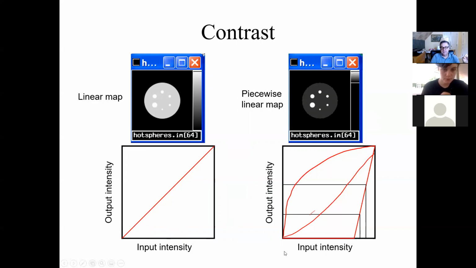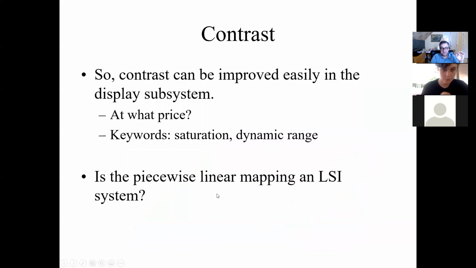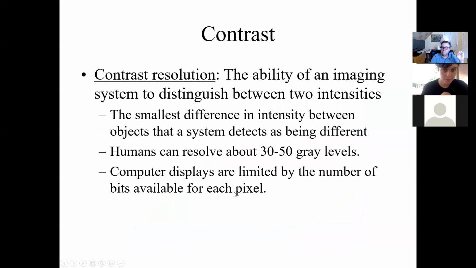Any of these others is a nonlinear system. And so, again, we can't really analyze that element as a linear shift invariant system, but we probably don't worry about that too much. Okay. Any questions on that? Does that all make sense?